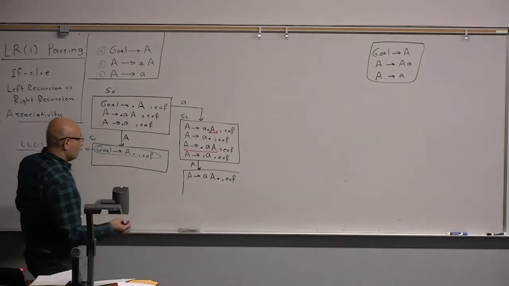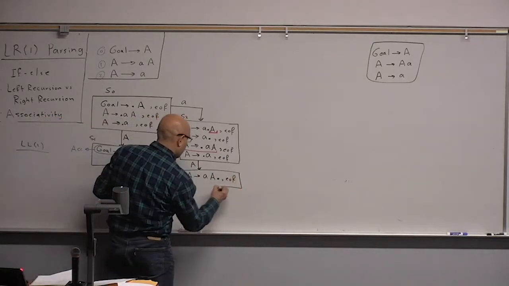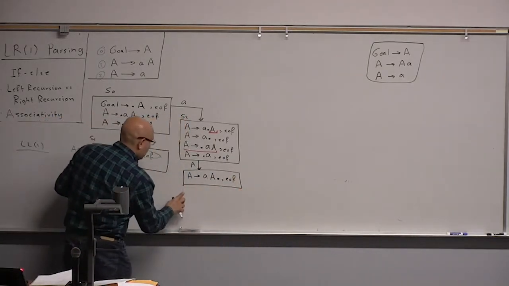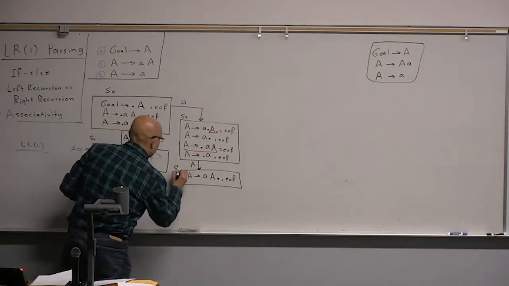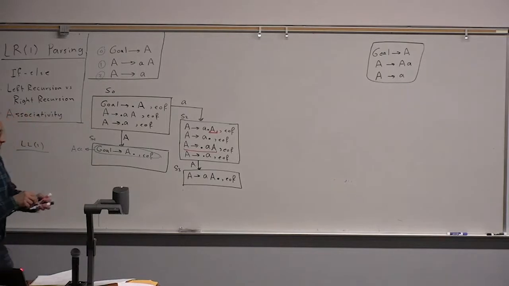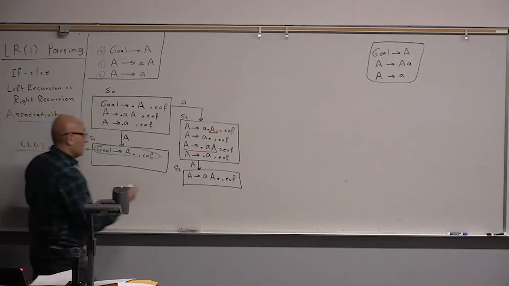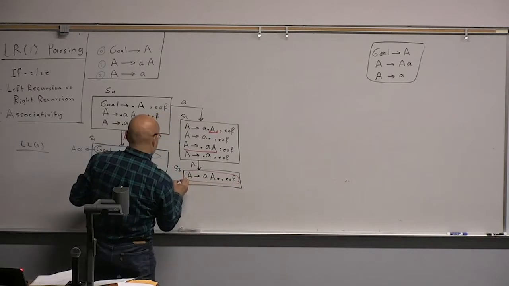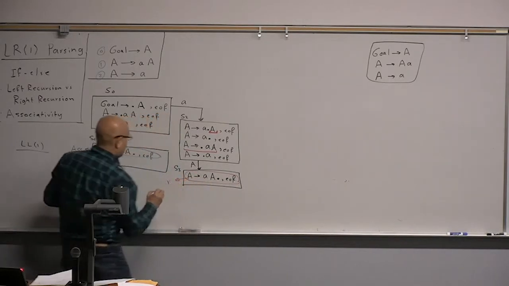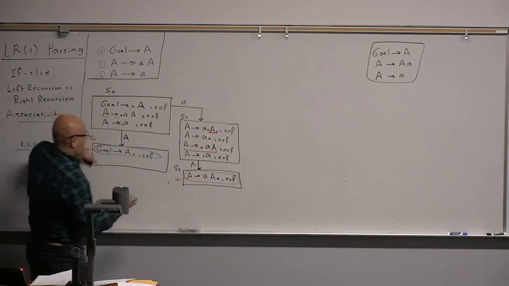Any expansion? No expansion, because the placeholder is at the end. So this is our state, and we call this state number 3. And we have a reduction. Yes, we do have a reduction. So this is a reduction by R1, rule number 1.